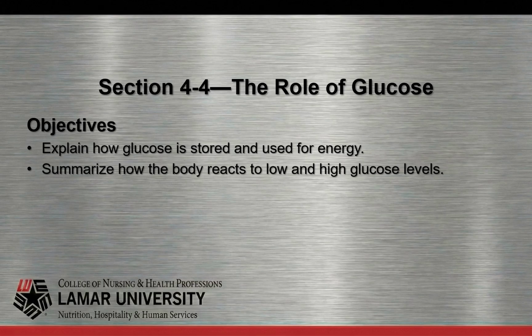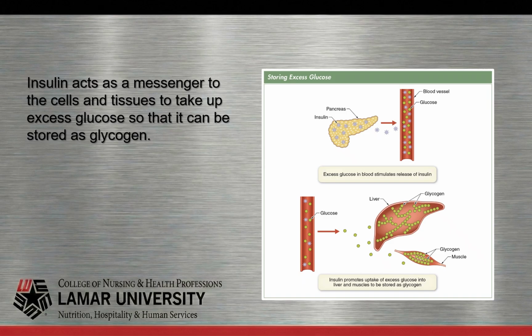When carbohydrates are consumed and broken down into glucose, the pancreas releases insulin. Insulin acts as a messenger to cells and tissues to take up excess glucose so that it can be stored as glycogen. Glycogen is primarily stored in the liver and muscles.